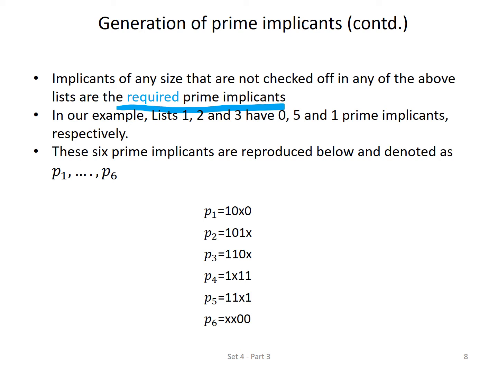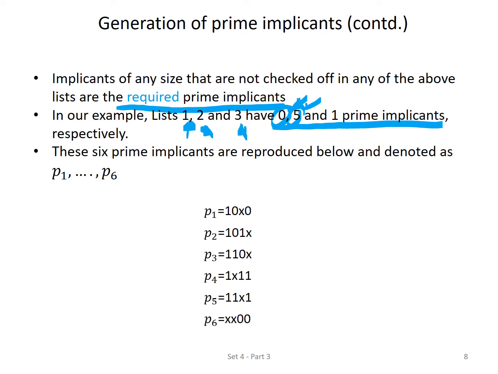In our example, list 1, 2, 3 have 0, 5, and 1 prime implicants. In list 1, we were able to check every implicant. That means there are no prime implicants from that list. In list 2, we were able to check off some but not every implicant, and from that list we have 5 prime implicants.